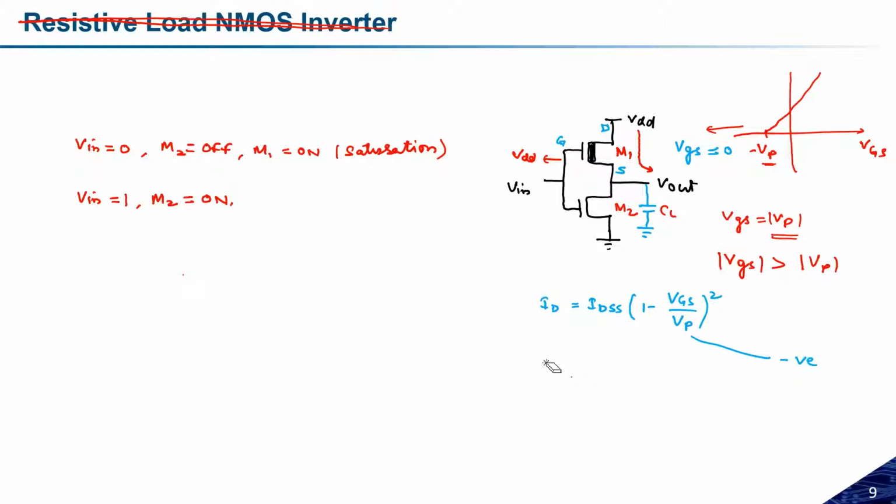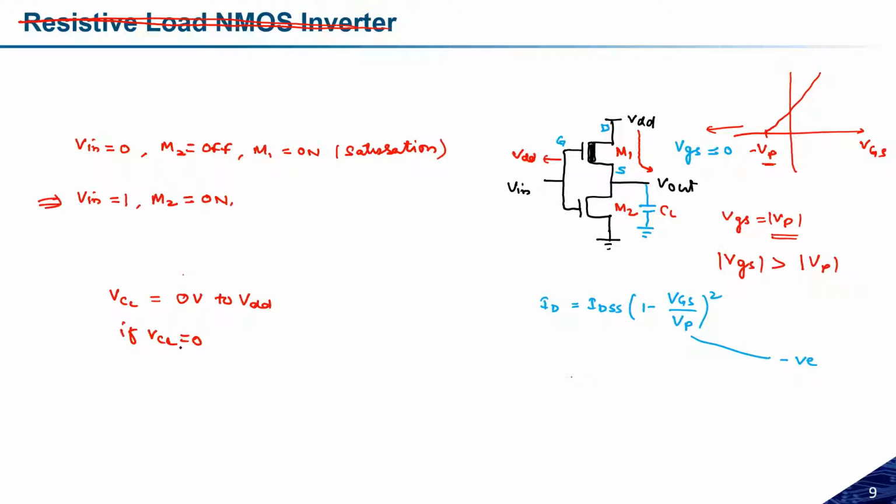Let me write it perfectly. The voltage across load capacitance can vary in between 0 volt to VDD. So this is the minimum and maximum range. If VCL is equal to 0 volt, in that particular case, what will happen?